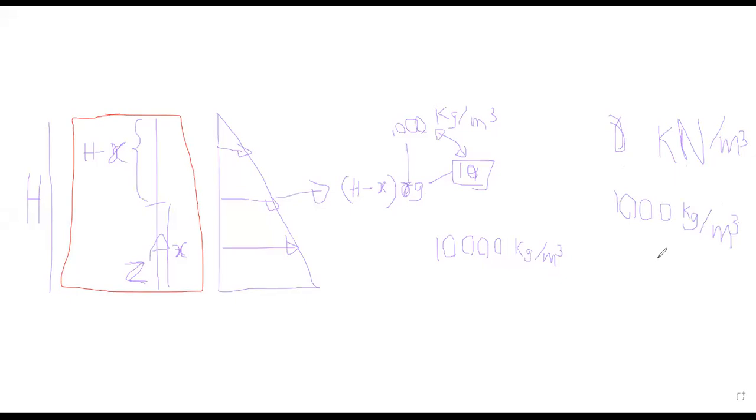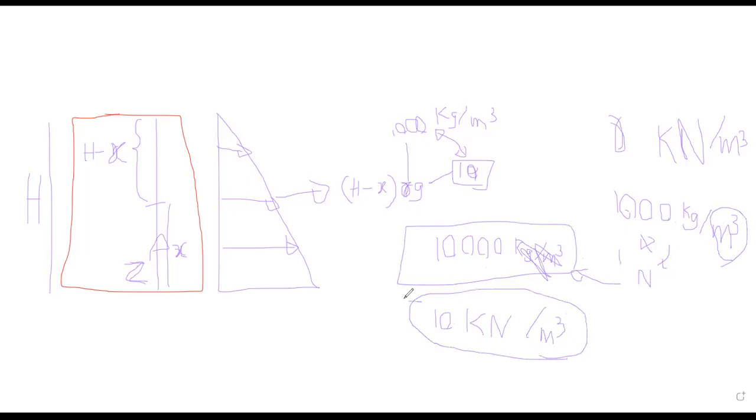You have to multiply it by 10. So make it Newton, and it's going to be 10,000 newtons, and that's going to be 10 kilonewtons per meter cube. So that's the specific weight, right?